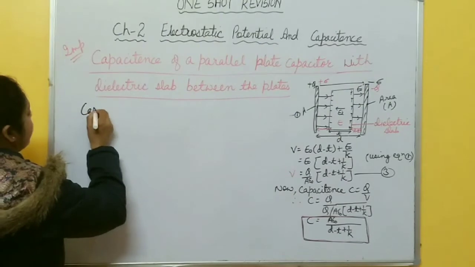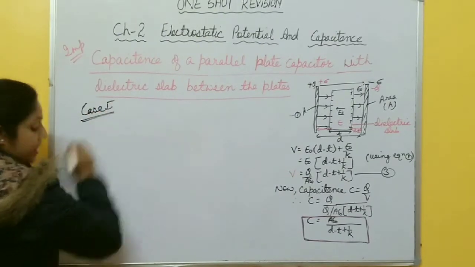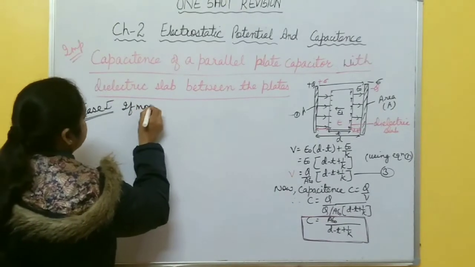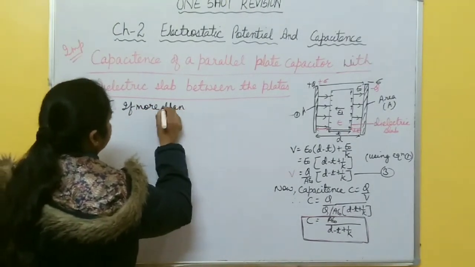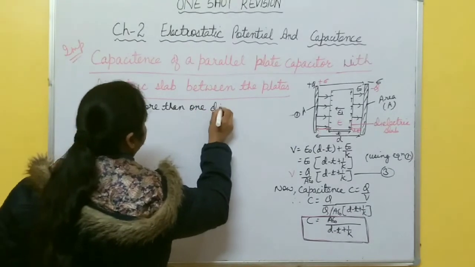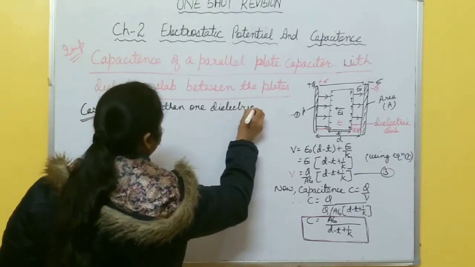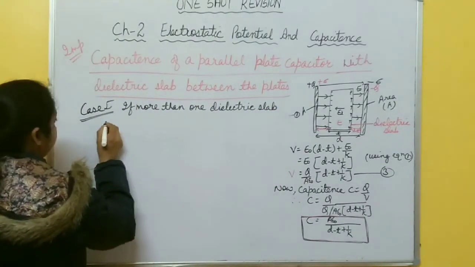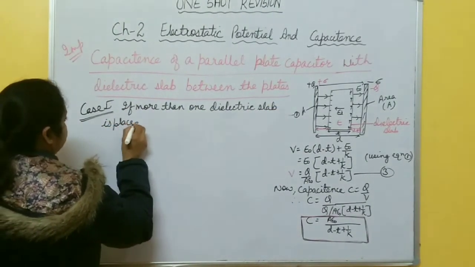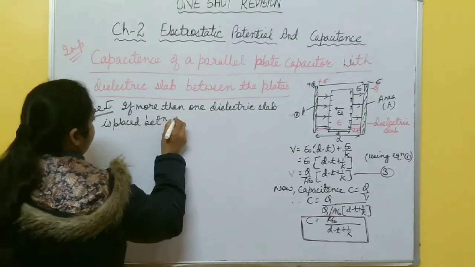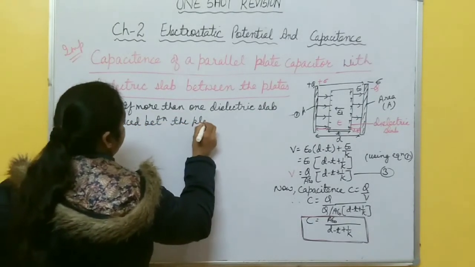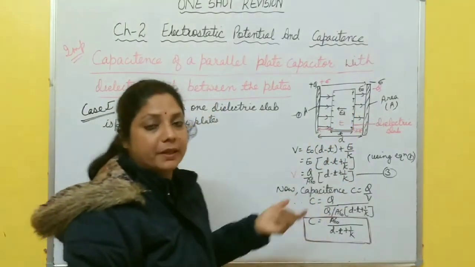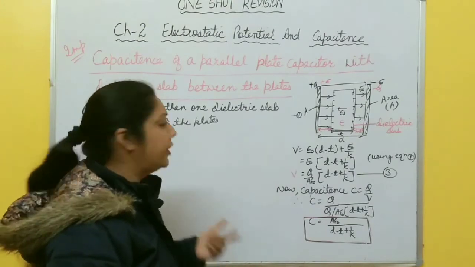Now, case 1: suppose more than one dielectric slab is placed between the plates. What happens when more than one dielectric slab is placed between the plates, having different thicknesses t1, t2, t3?